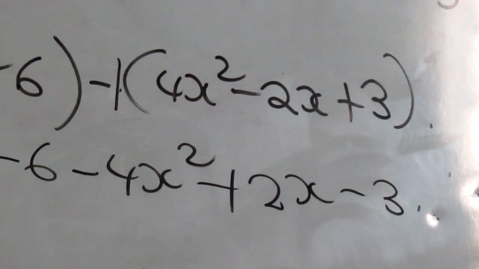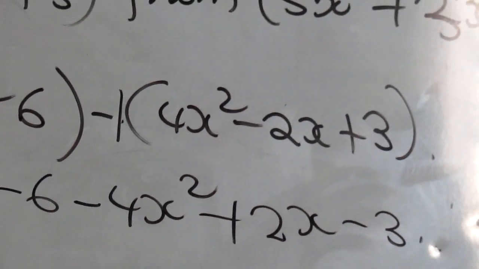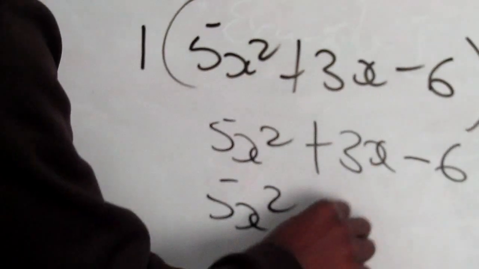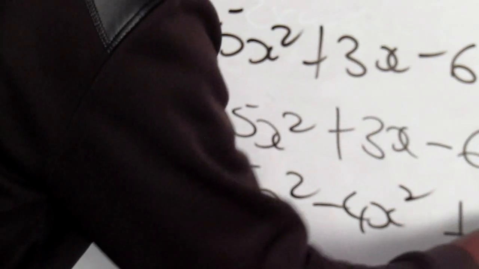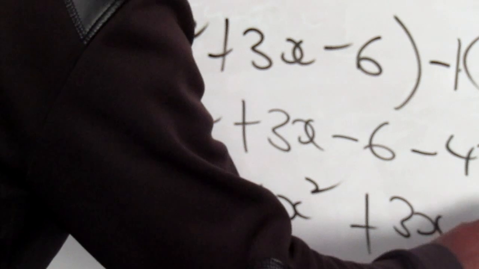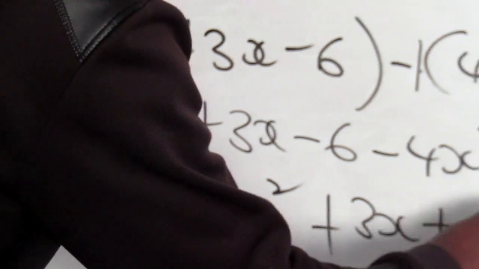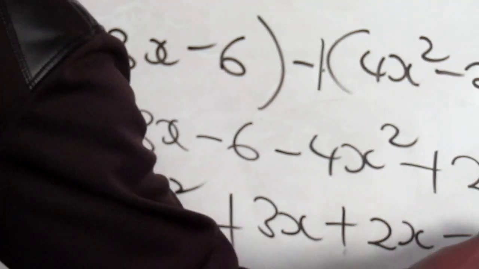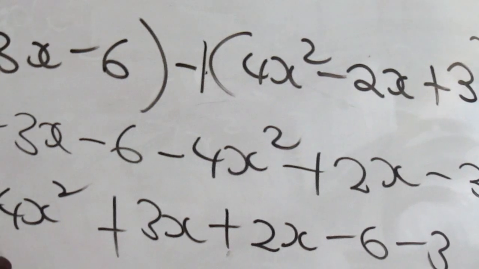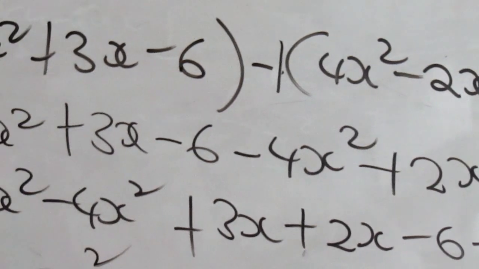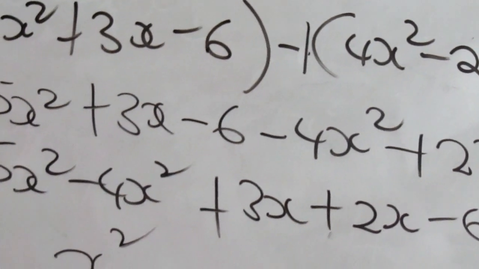We collect the like terms. We have 5x squared minus 4x squared plus 3x plus 2x minus 6 minus 3. Here we remain with x squared, because 5 minus 4 is 1.